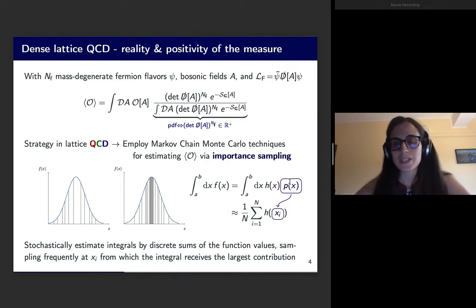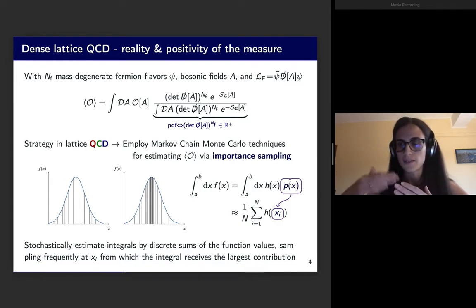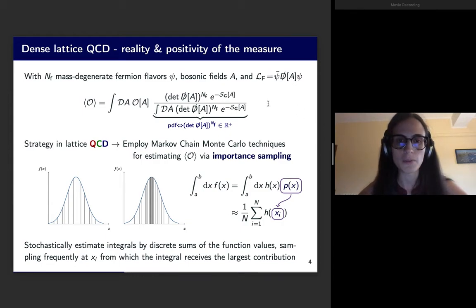And importance sampling we want to embed into a Markov chain Monte Carlo paradigm, because we know that Markovian processes, provided that we come up with an algorithm that satisfies detailed balance and at least the relaxed version of ergodicity, are ensured to equilibrate in a way that the states produced in the Markov chain are distributed according to the desired equilibrium probability distribution.